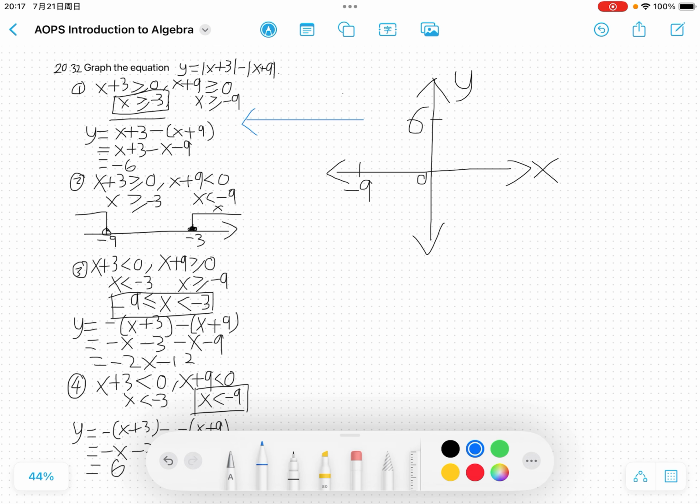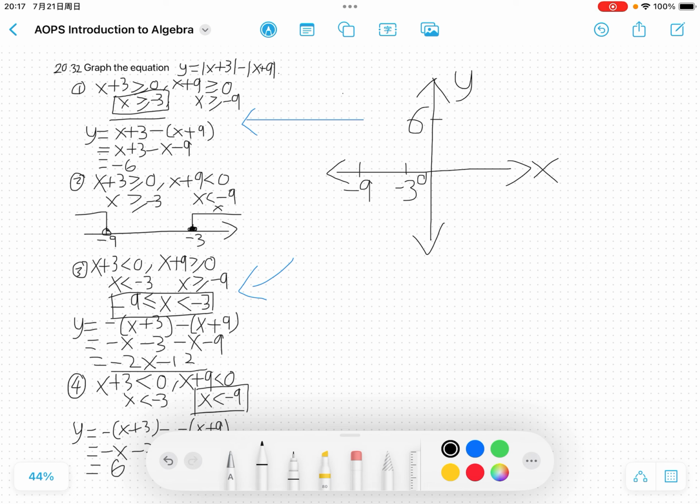The second part of our graph is made up of case 3, when negative 9 is less than or equal to x, and x is less than negative 3. First we find the boundaries of x. Then we figure out what equation we have: negative 2x minus 12.